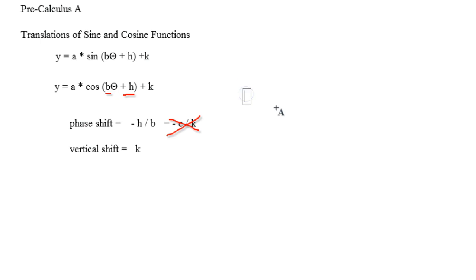So for example, if you had to draw this out, y equals 4 cosine of 2 theta plus 4, minus 1. First off I would just identify everything. Vertical shift is equal to negative 1. Then I would define all the easy stuff first. Amplitude is equal to 4.